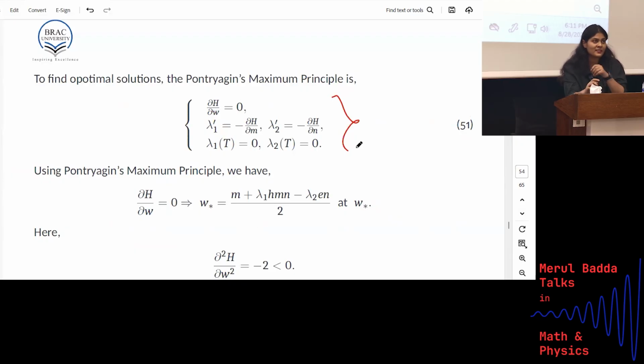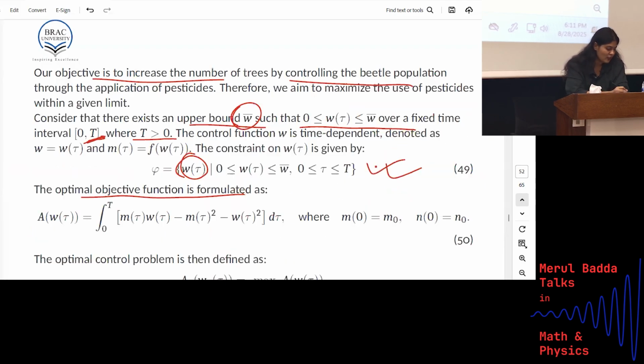If the partial derivative with respect to W equals 0, we can find the amount of W, which is the maximum amount of pesticide that can be applied to decrease the beetle attack in our forest. If we take the second partial derivative, it is a negative term. As this is negative, we can say this is a maximization problem. If it is positive, then it will be a minimization problem. As our target is maximization, we can say our optimal function is good for our model.